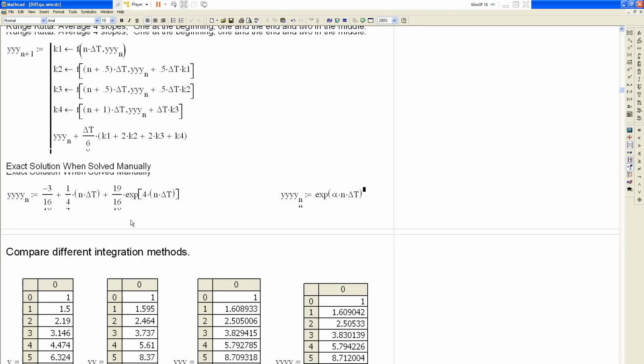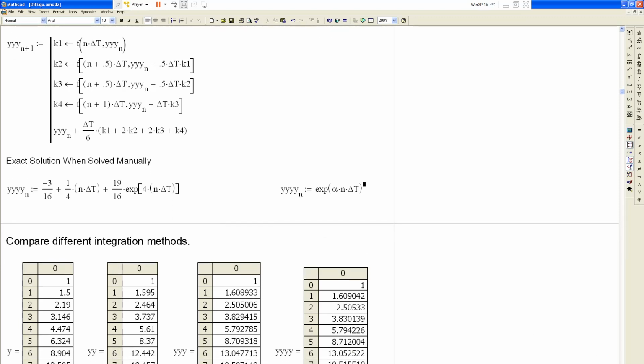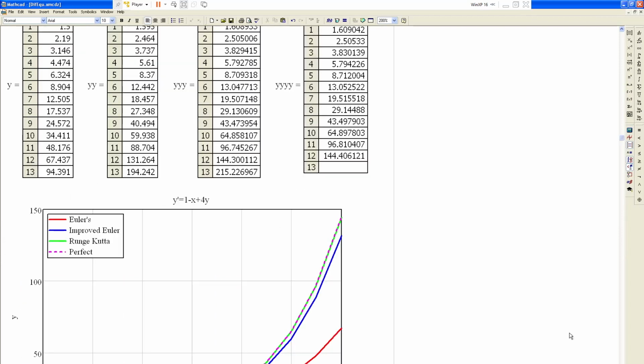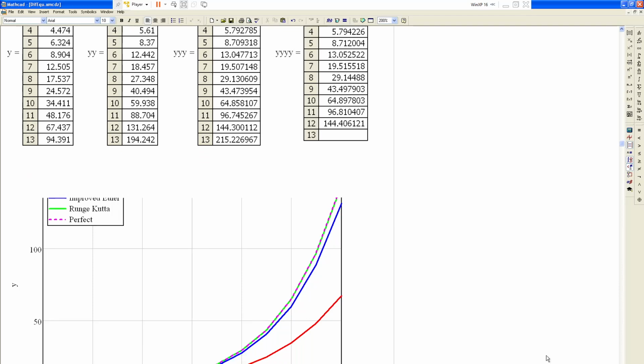And now we can do a comparison. So I just compared a few steps, and you can see that we have Euler's method, and it's not following the perfect solution too well. The perfect solution is this dotted pink line.